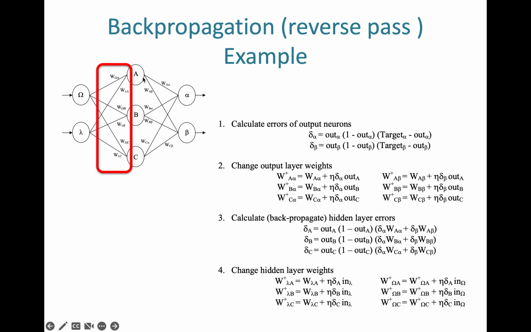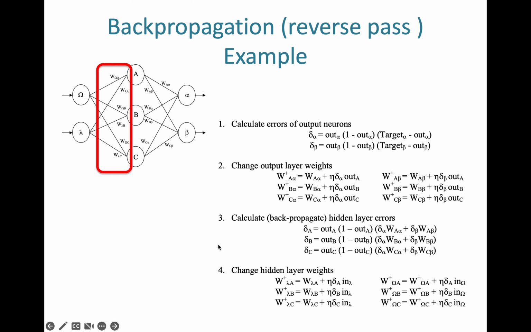Once we have calculated these errors, we are in a good position to actually update the weights for the hidden layer. If we look at one example, W lambda A, which is this weight here, the way this weight is updated is by considering its prior value, the error associated to A, and of course the input to lambda.